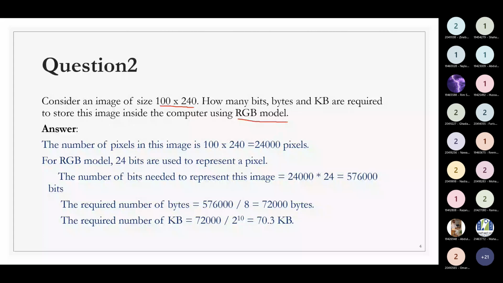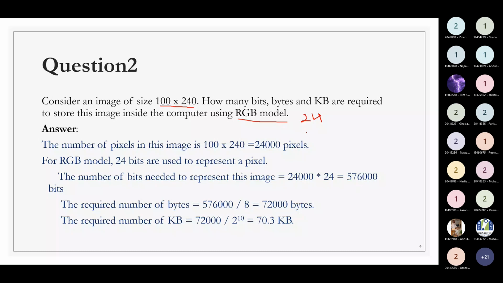What does it mean to use the RGB model? It means that each pixel requires 24 bits. So you need to understand that once they ask you to use the RGB model, you need 24 bits for each pixel.